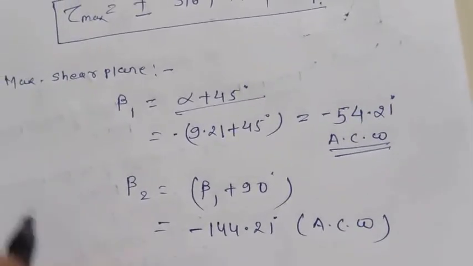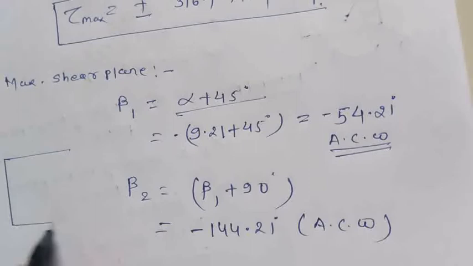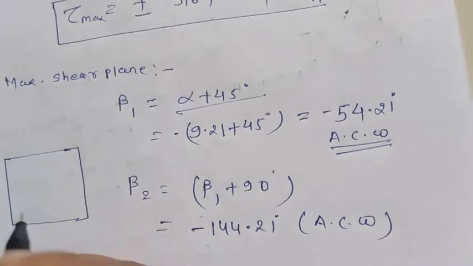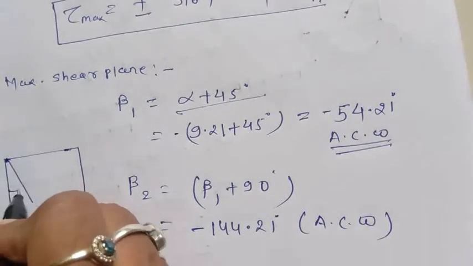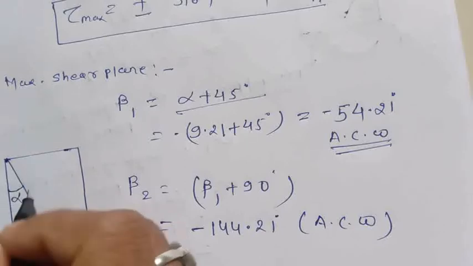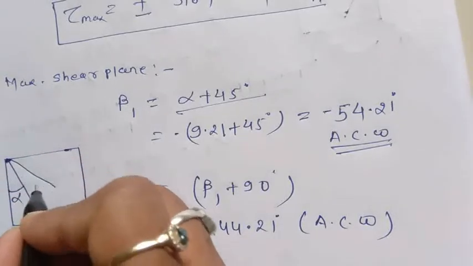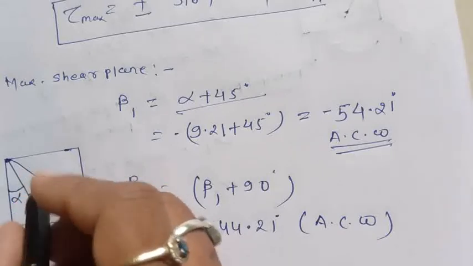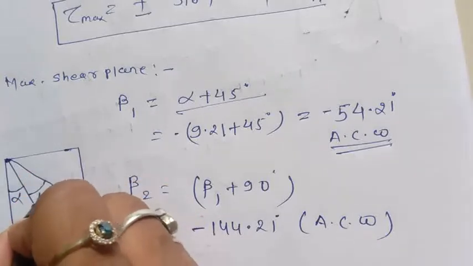So here if we draw the element, this is the alpha, which is in the anti-clockwise direction from the vertical, and from this it is 45 degrees.